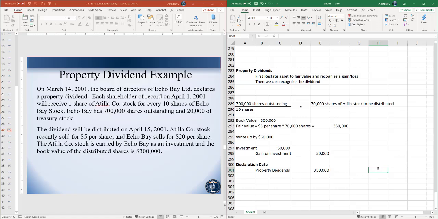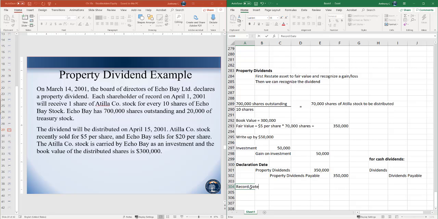Technically, we should have debited cash dividends, but just to be clear here, we're debiting property dividends, and then our credit is property dividends payable. I'm just going to put out here what it was when it was cash, so you can see these side by side. For cash dividends, we just did dividends and dividends payable. To be more clear, you could use cash dividends in front of it, but usually it's implied that if we just say dividends, it refers to cash dividends.